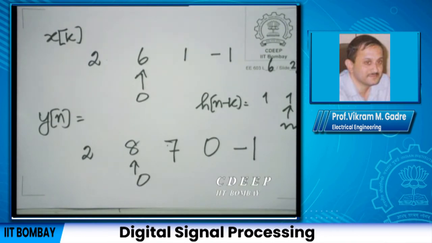For n less than minus 1, it is very easy to see that these two 1s collide only with zeros here. And for n greater than 3, it is again very easy to see that these two 1s collide only with zeros, and therefore, there is no non-zero sum at all.